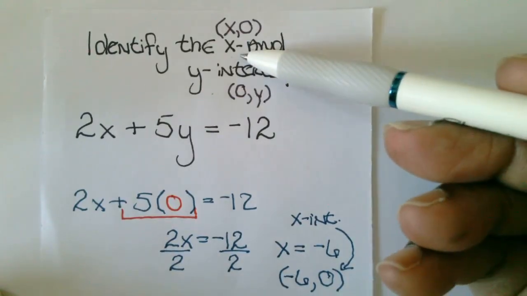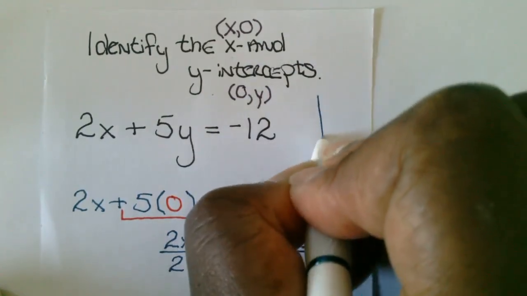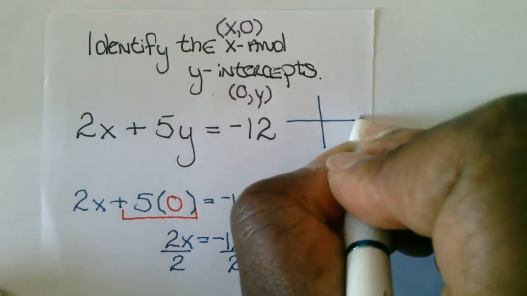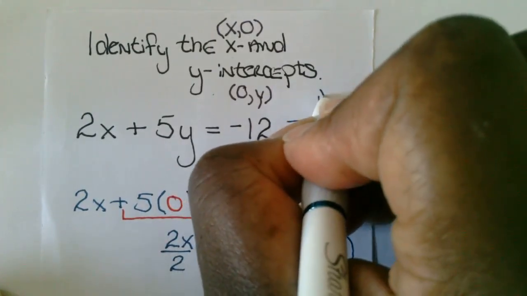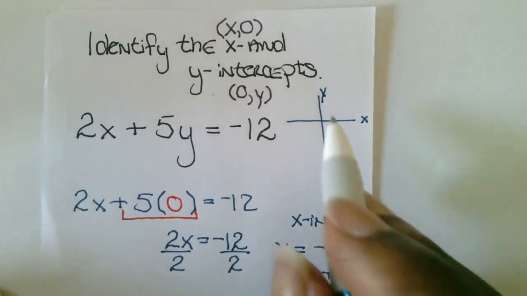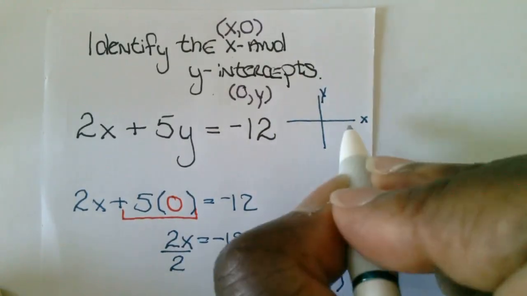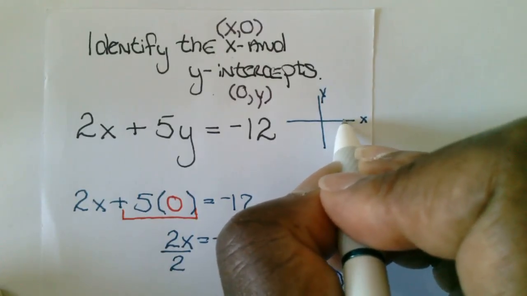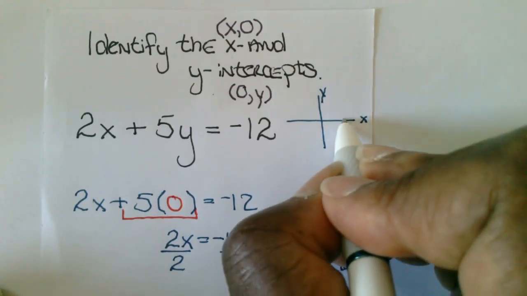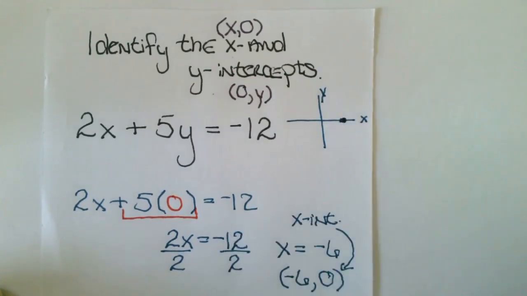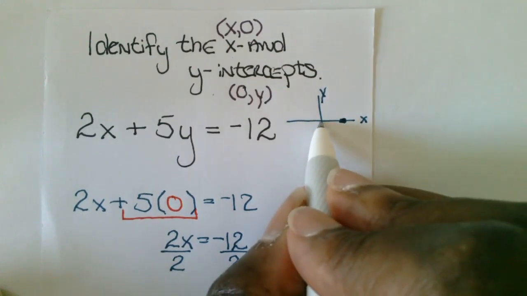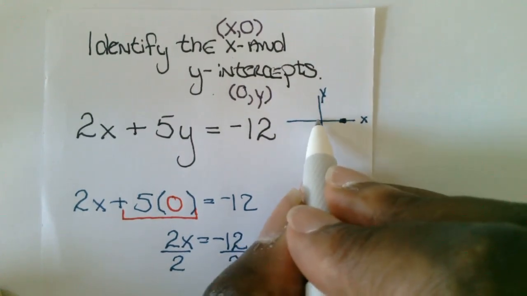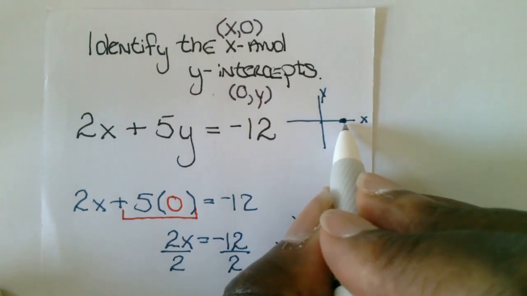So to find the x-intercept, if I may draw it out right here, the x-axis always goes left to right. The y-axis goes up and down. So the x-intercept is where it intersects the x-axis. So if I have this point here, my y is 0, my x is whatever that value is.